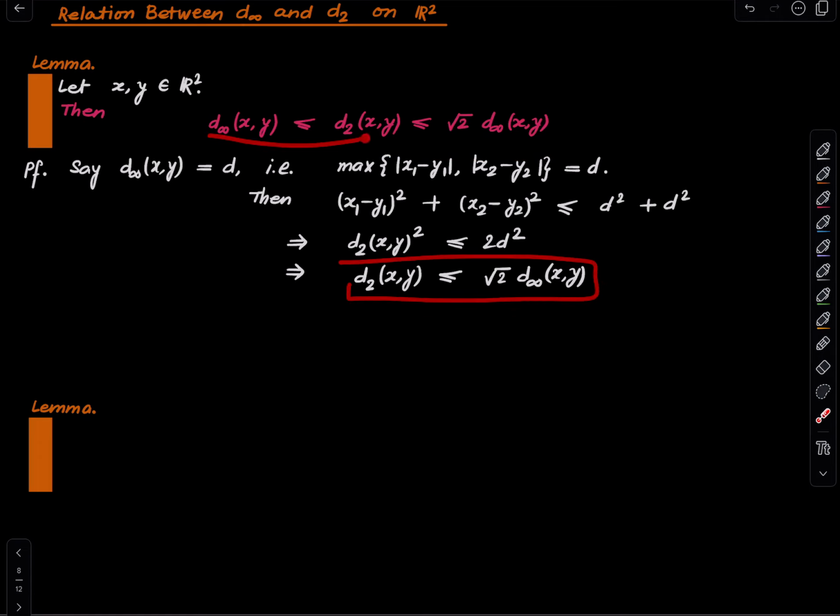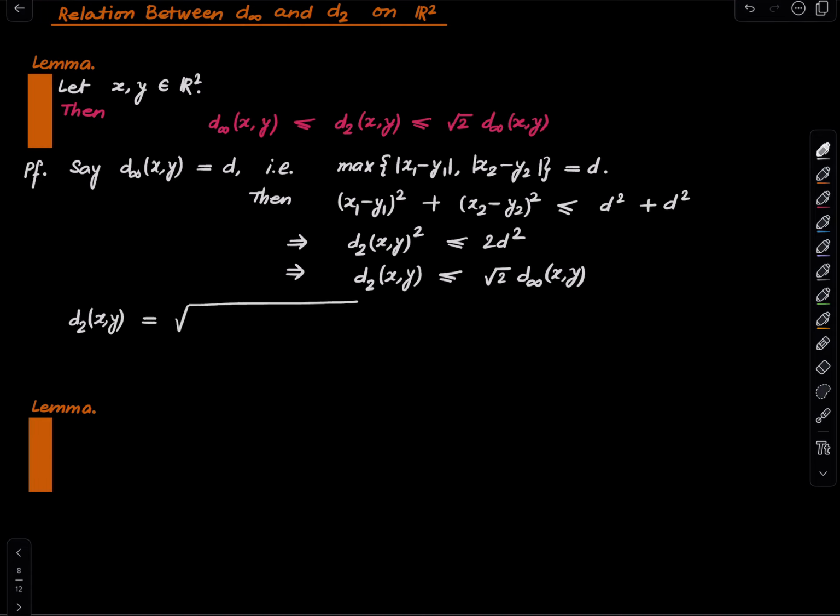Now, what about the other one? For the other direction, we have d2(x, y), which is a square root, and that is at least root d square, because at least one of these two things in absolute value is equal to d.